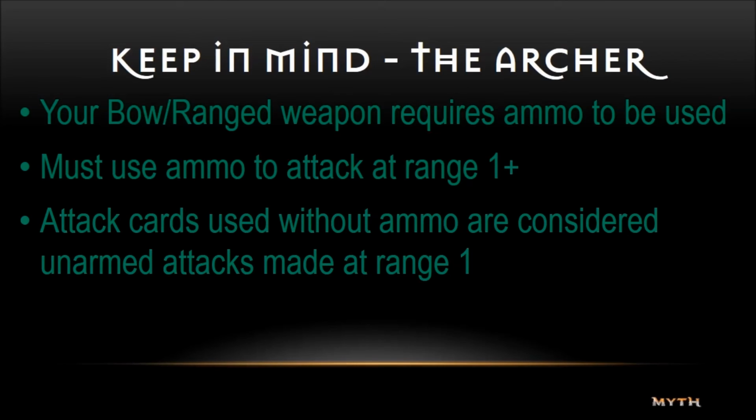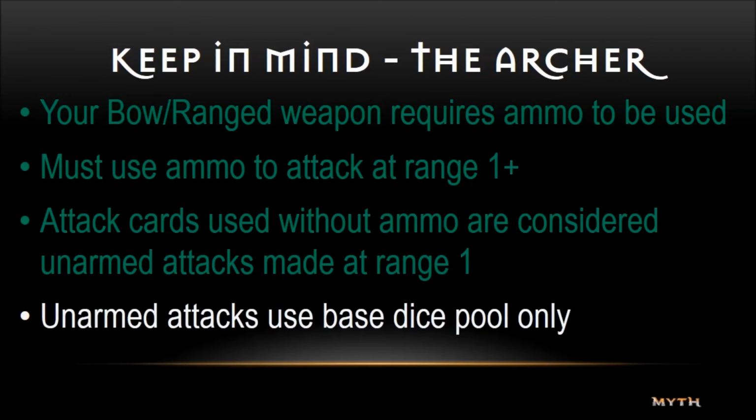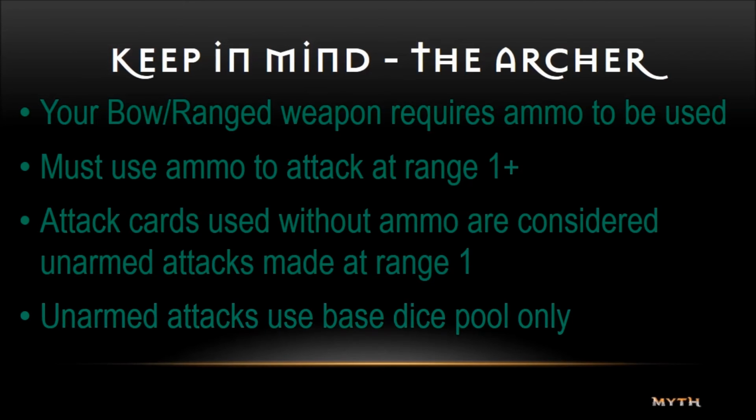Taking that one step further, if we use an attack card without ammo, they are considered to be unarmed attacks, and they must be made at a range of 1. And unarmed attacks only use the base dice pool. So again, if you're going to be attacking unarmed or without ammo, you can only use your base dice pool.